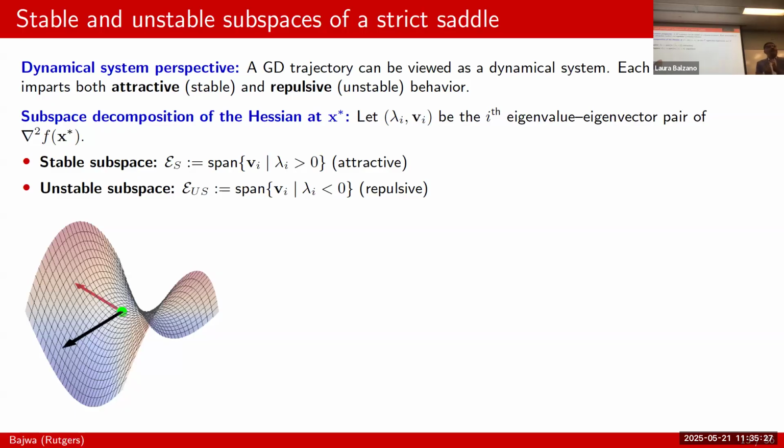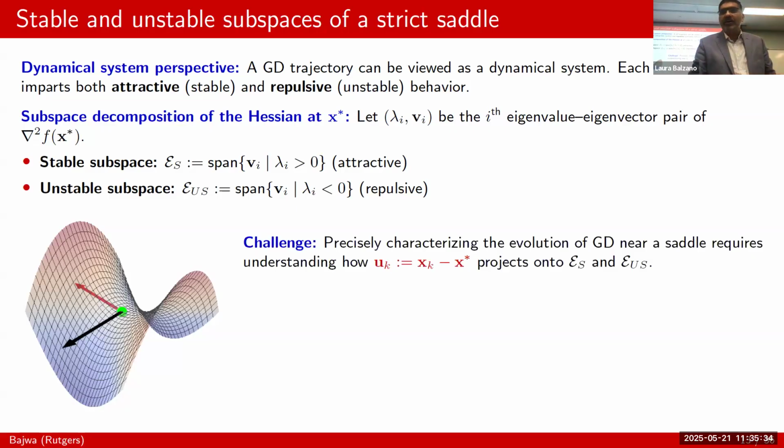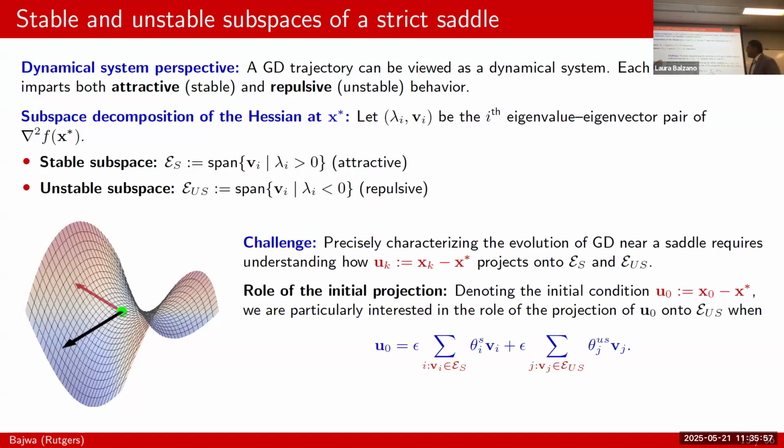But the question is, how much misalignment do you need to get fast convergence? To do that, we really need to understand the breakdown. We need to represent u_k in terms of its stable and unstable subspaces. But u_k is sitting over here, and I don't know the full description of the Hessian, so that's the challenge. What I need to do is take my initial projection. This is the role of the initial condition.